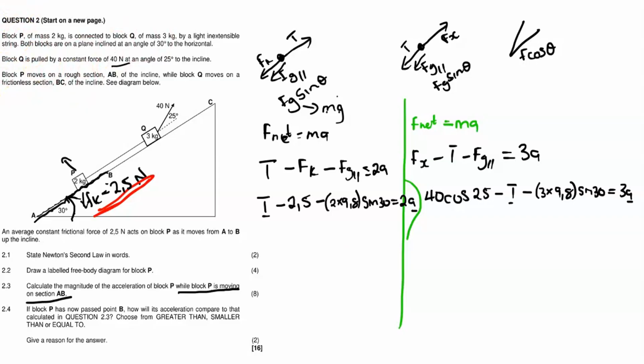Now, to make things simple for us, we can make T the subject of the formula, so that we've got two equations that are in terms of a.